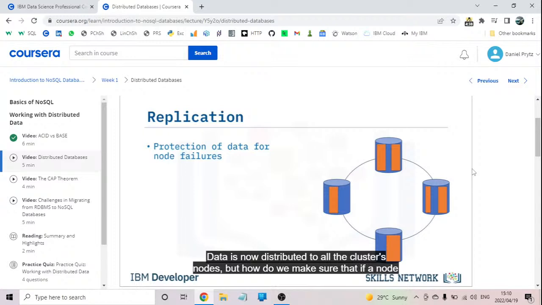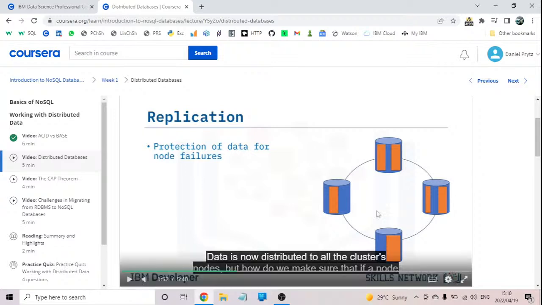Data is backed up and stored on replicated partitions, which increases availability.